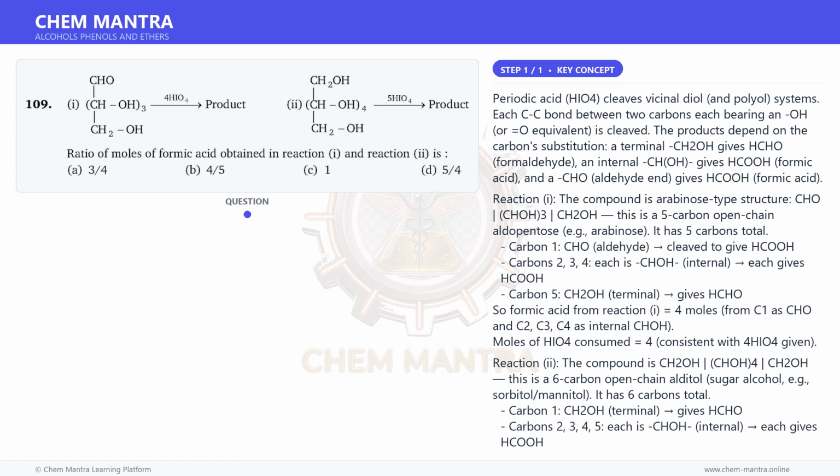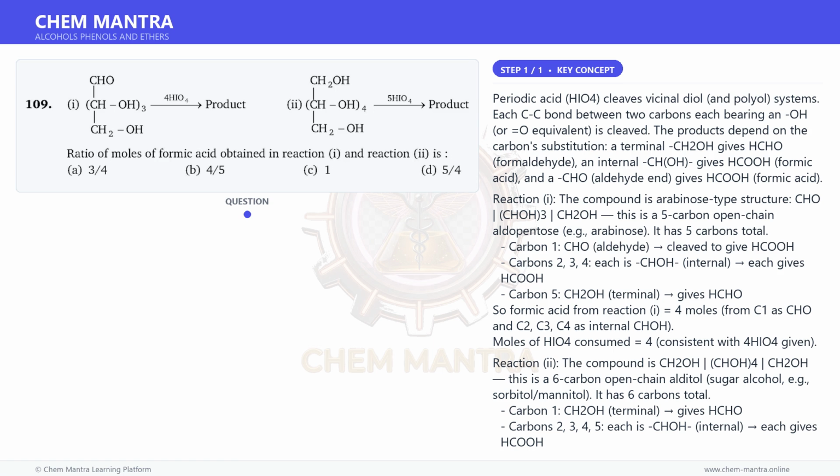Reaction 2: the compound is CH2OH, CHOH, CHOH, CHOH, CHOH, CH2OH. This is a 6-carbon open chain alditol, a sugar alcohol, for example sorbitol or mannitol. It has 6 carbons total. Carbon 1, CH2OH, terminal, gives HCHO.